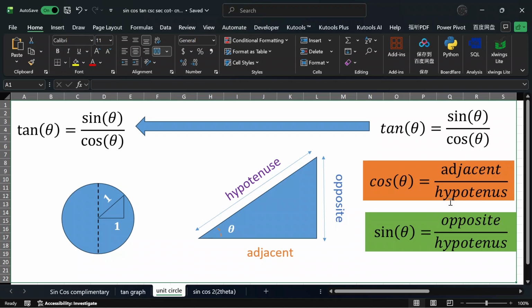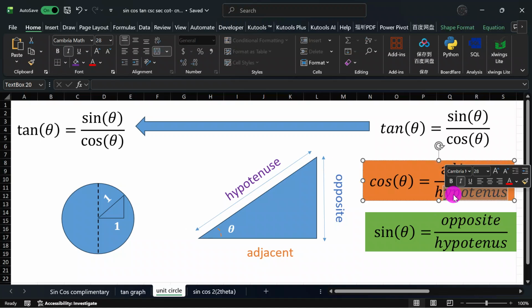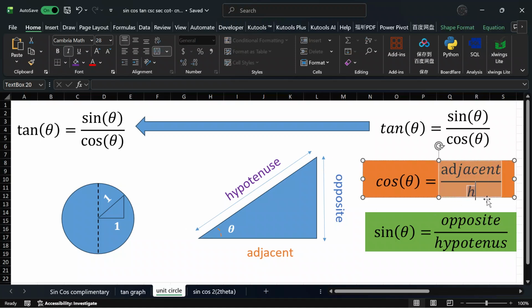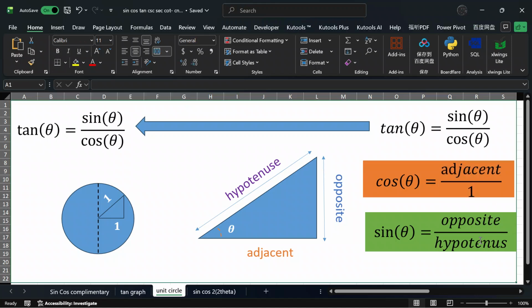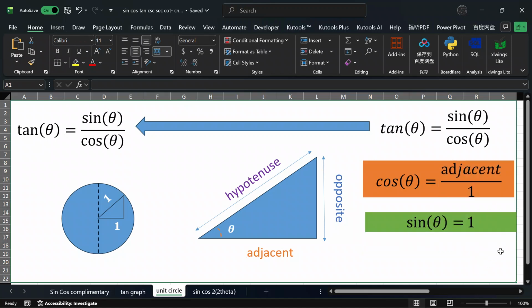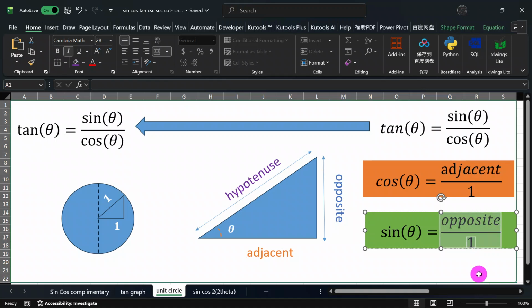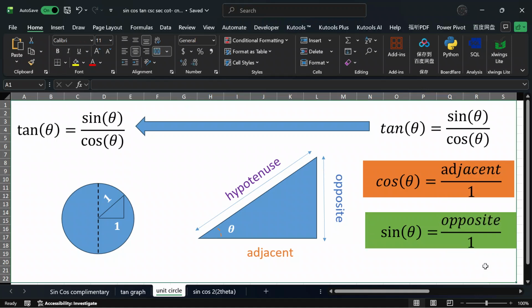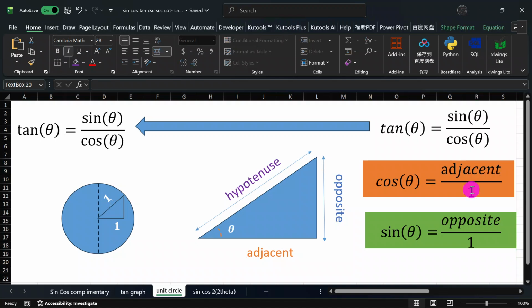So then we can do a little bit of substitution. We can just stick 1 there, and stick 1 there. Yeah, that's about right, because it's a unit circle. The hypotenuse equals 1, the radius is 1, so then it becomes simpler.